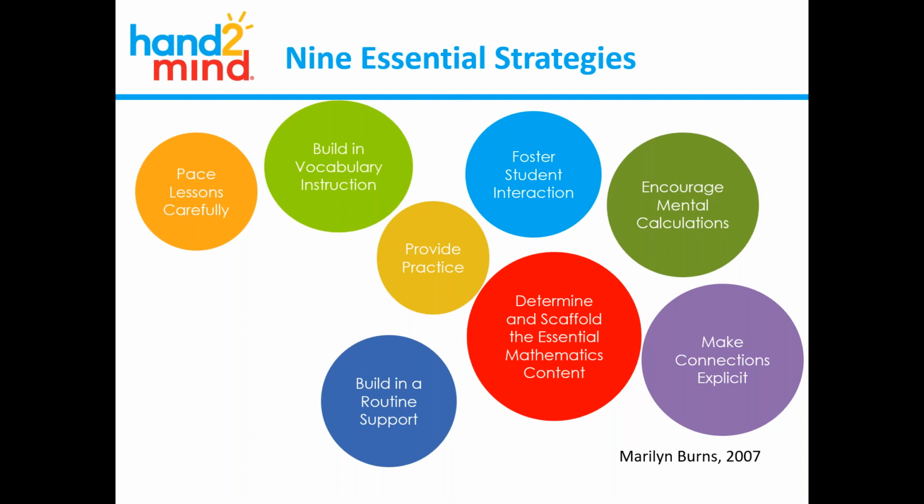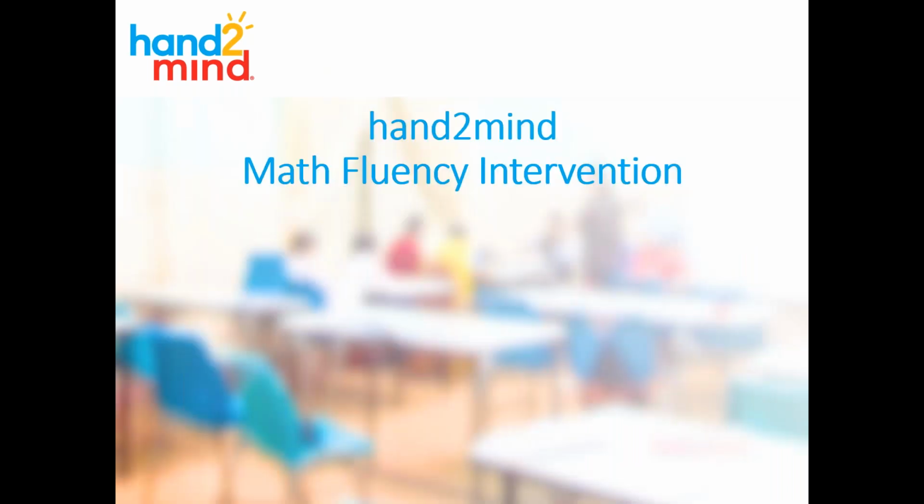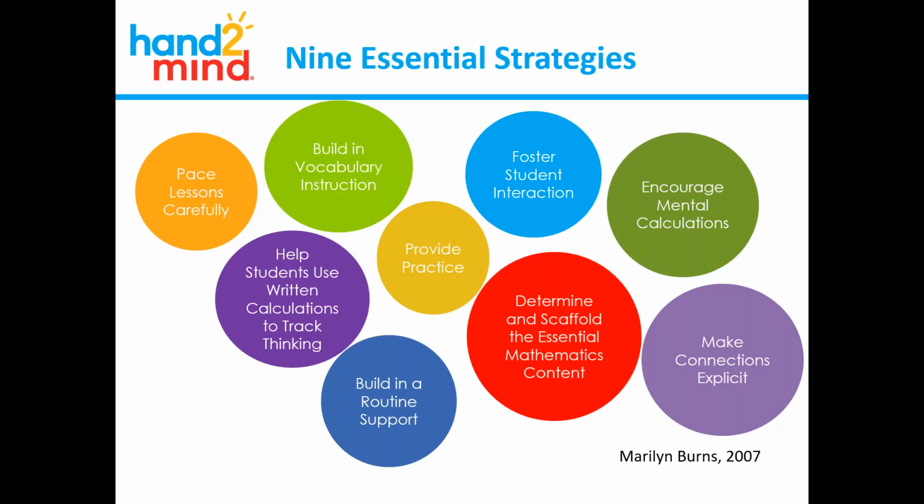So when we're doing those number strings and those math talks, are we having kids use that academic vocabulary in those pieces? And does it help students use written calculations to track thinking? Yes, because I'm modeling that for them. So then eventually they will be able to model that on their own.